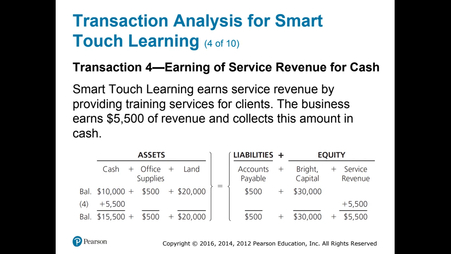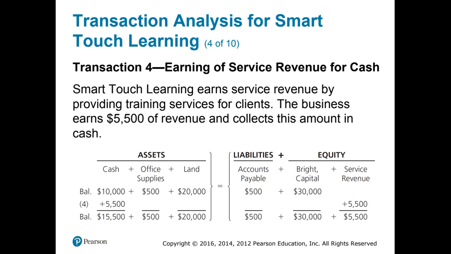So now in transaction 4, this is on page 15. We have earned service revenue by providing training services for clients. The business earns $5,500 in revenue, and we collect this in cash.